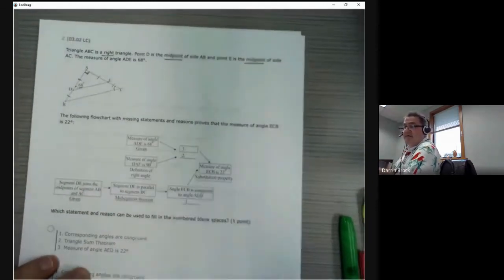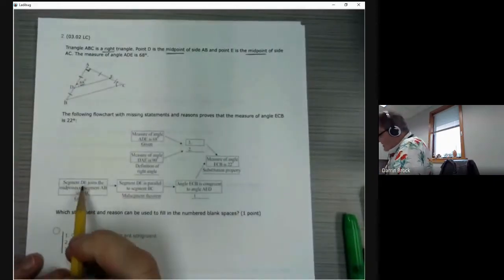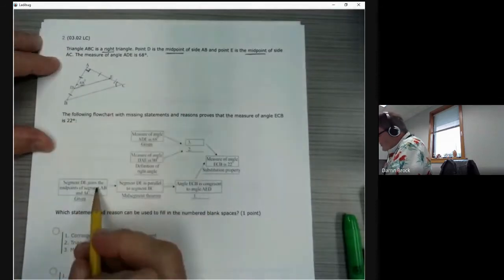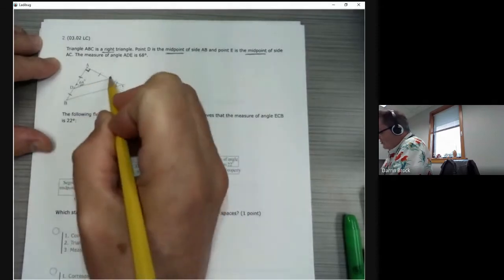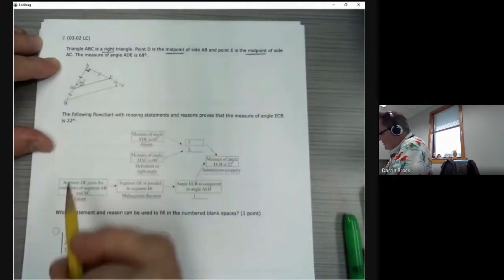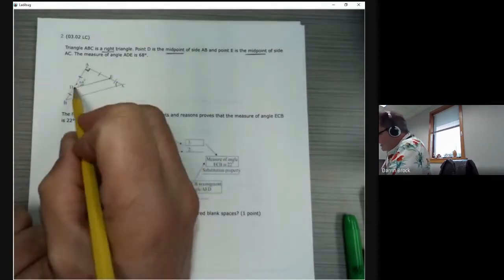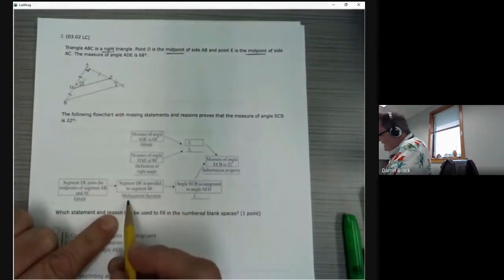It says segment DE, this goes across there, DE joins the midpoints of segments AB and AC. Yeah, because these are midpoints it told us, and so that just joins it. That's given. Segment DE is parallel to BC because of the mid-segment theorem.